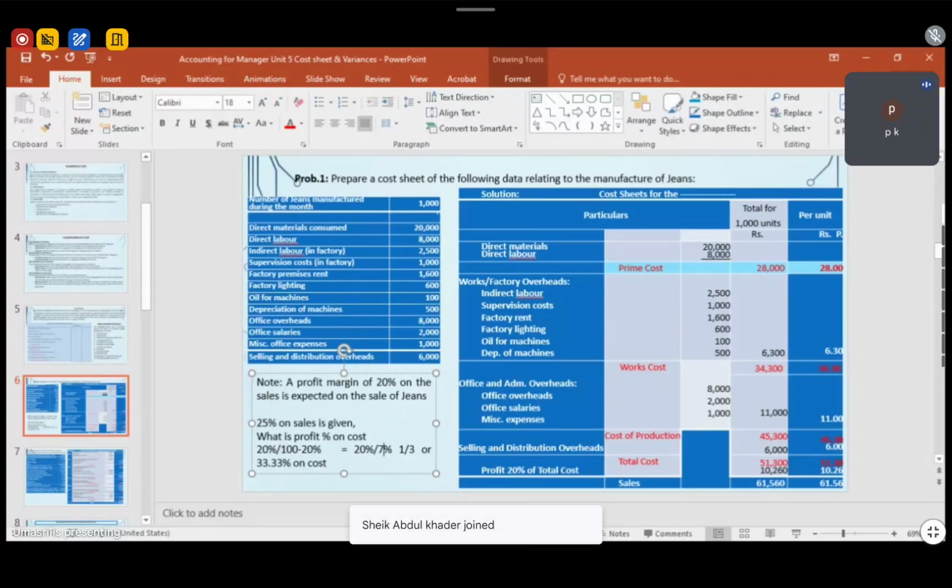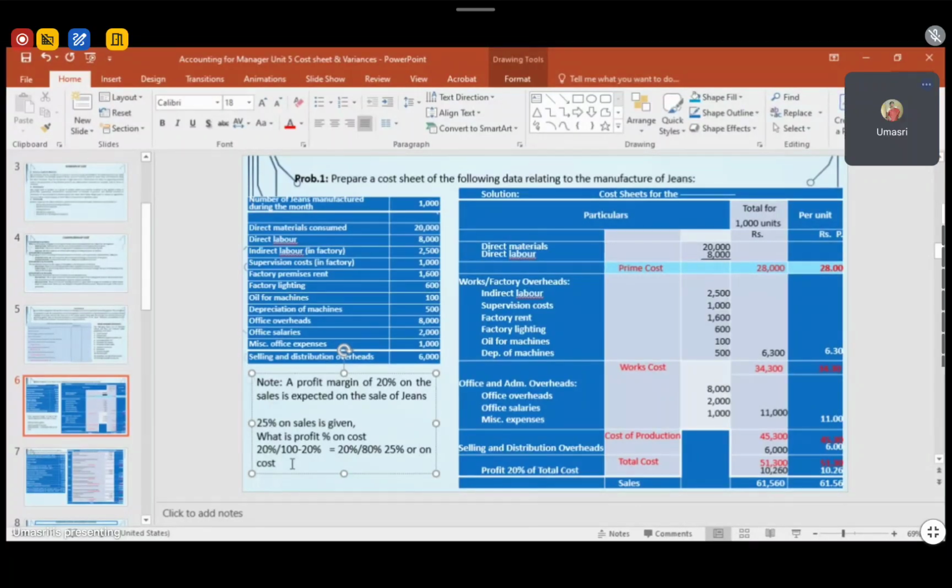Cost will be 80 and profit will be 20, so profit on cost will be 25%. So 1/5 on sales is equal to 1/4 on cost.